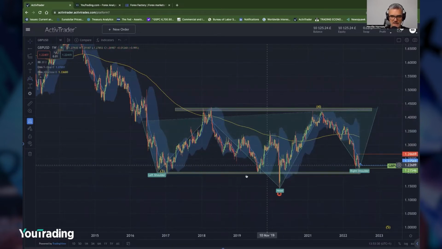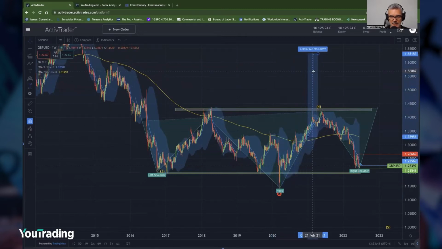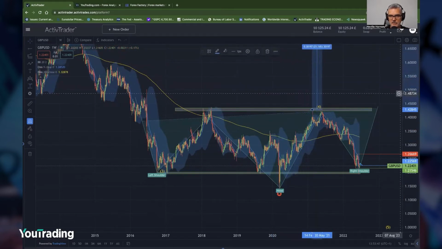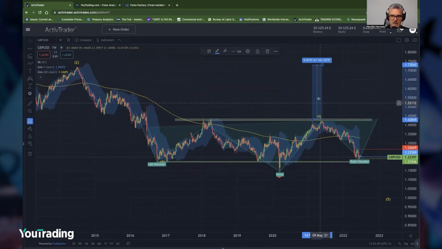Obviously, this pattern doesn't confirm until we break above the neckline, which would basically be a close around 1.44 to 1.45. If we were to get back above there, then you're looking for a measured move from the head to the neckline. So you're looking for at least another measured move higher, which takes this price action up towards 1.73 to 1.75.